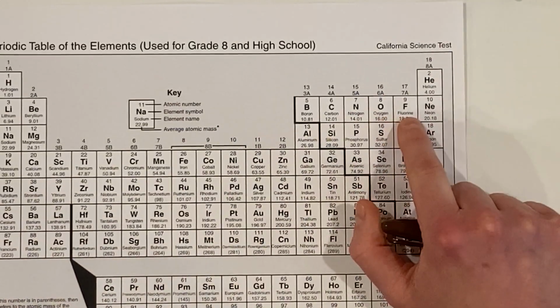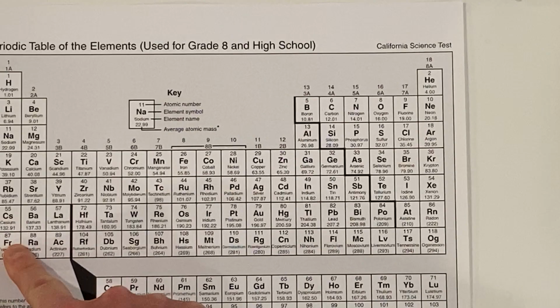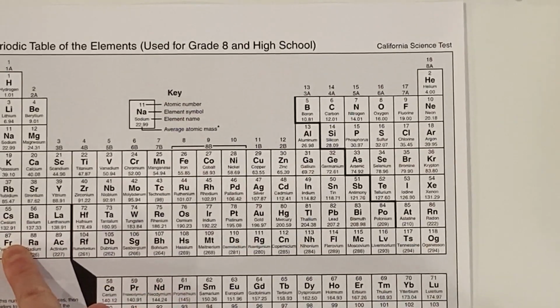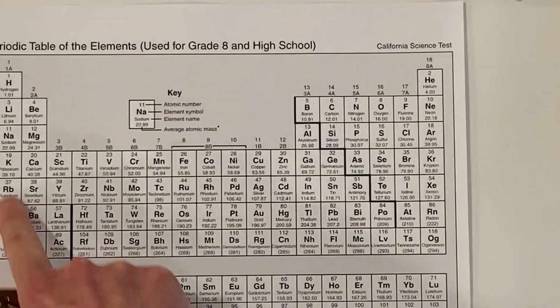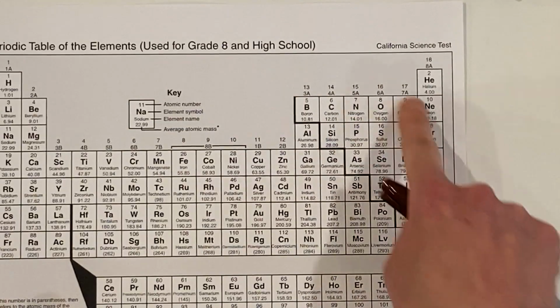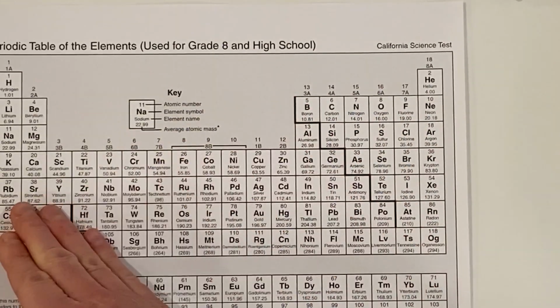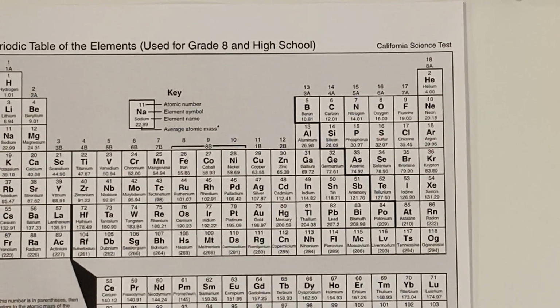So something like fluorine really wants to gain electrons, and something like francium has a very weak attraction for electrons. In fact, it'll probably lose electrons. Our trend is increasing as we go up and to the right. So electronegativity is the highest for the nonmetals, remember, separated from the metals by the staircase, and electronegativity is going to be lower for the metals.